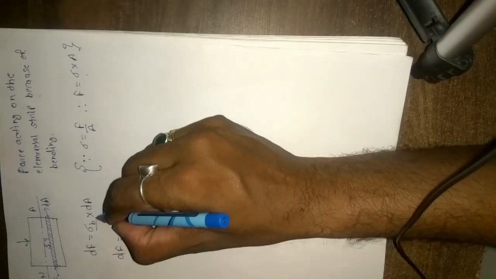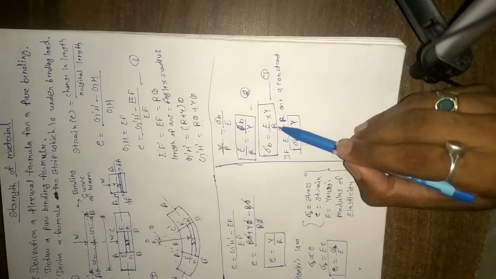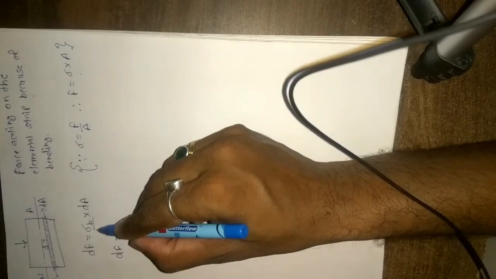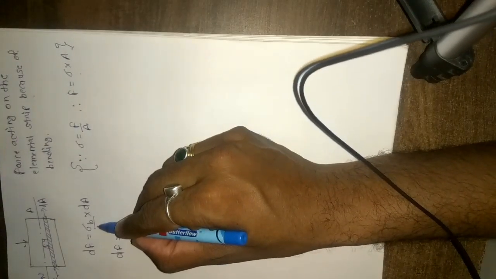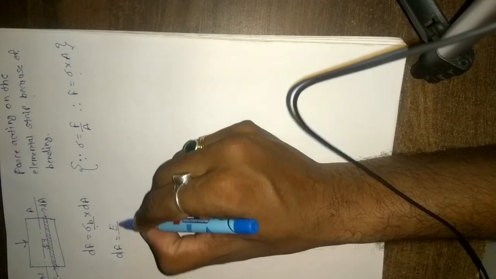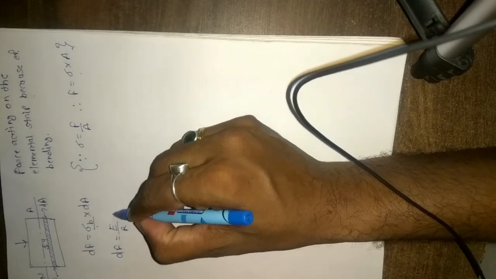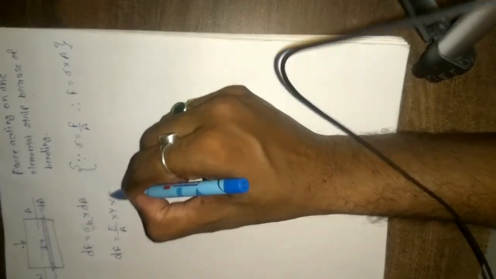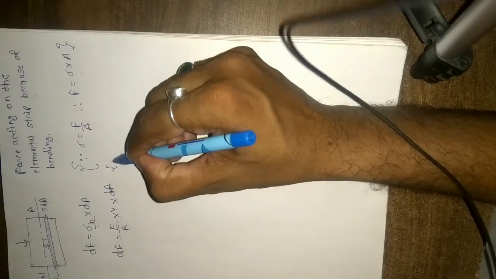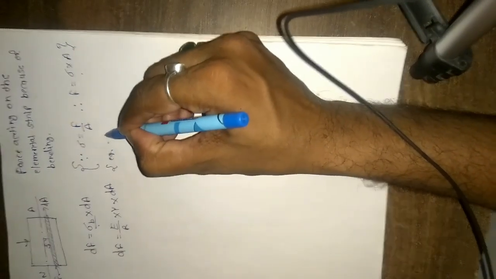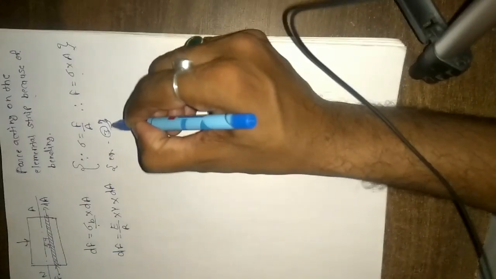So according to this relation, dF equals the bending stress into the area of strip. As we know from equation number 3, the bending stress equals E upon R into y, so dF equals E upon R into y into dA.